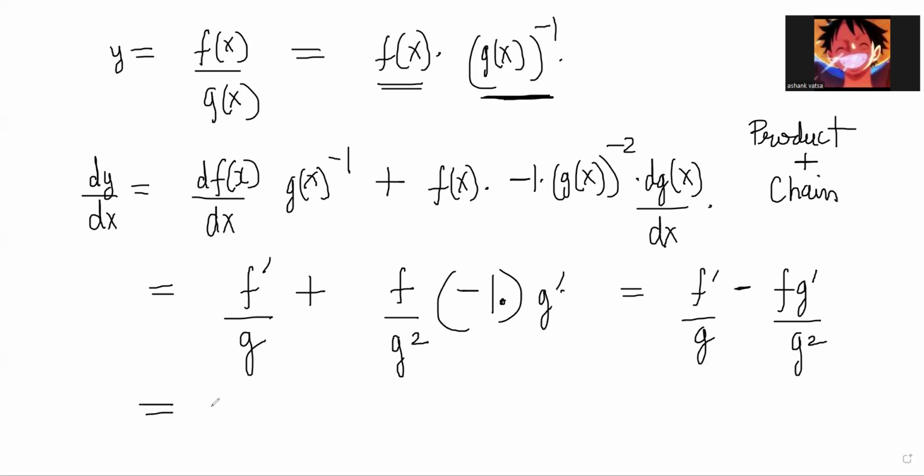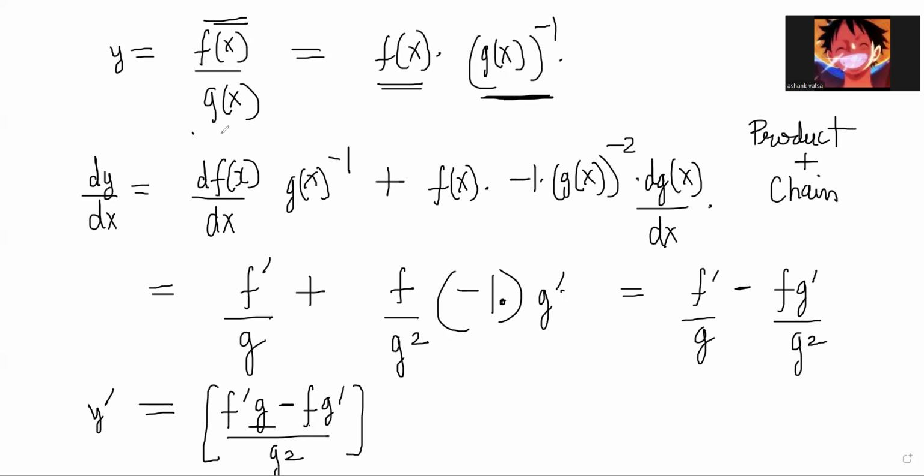So that is f dash g minus f g dash by g square, which is quotient rule. So basically quotient rule says differentiate the numerator first, multiply it with the denominator, minus differentiation of the denominator multiplied with the numerator and divided by denominator square.